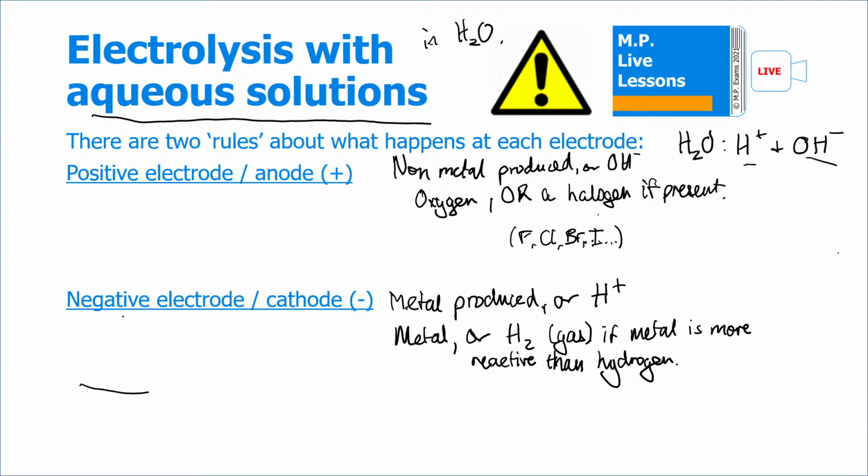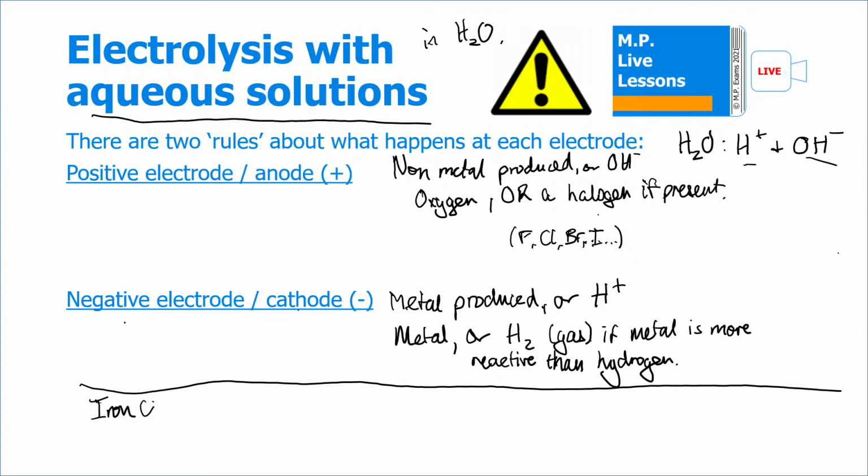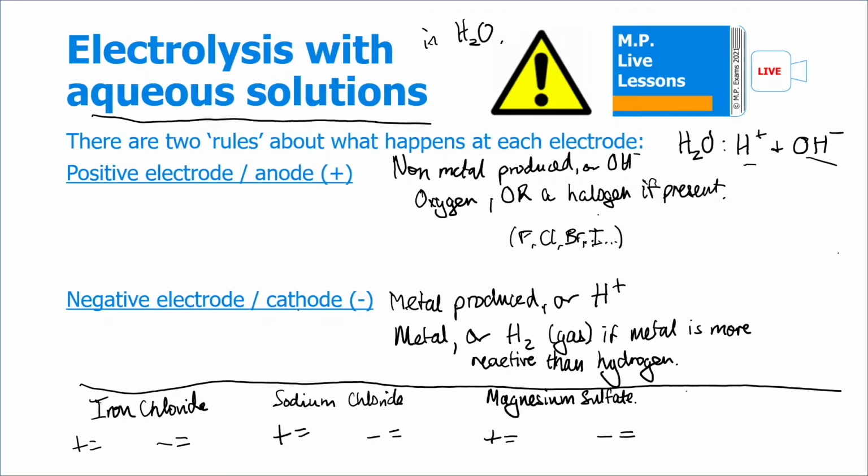Now, as a bit of practice, try and identify what gets made at each electrode. If I have, let's say, iron chloride, or sodium chloride, if it's present, chloride is chlorine, which is a halogen, so that gets produced.